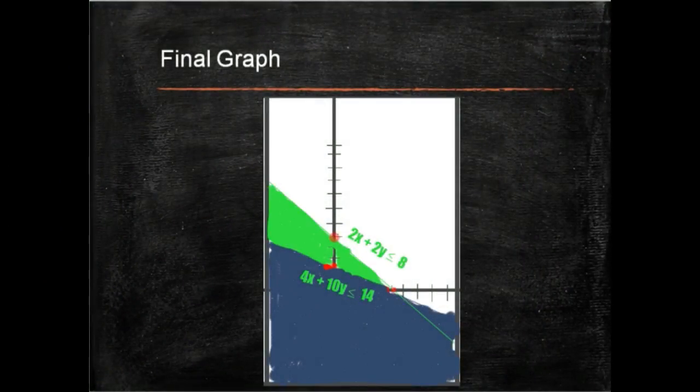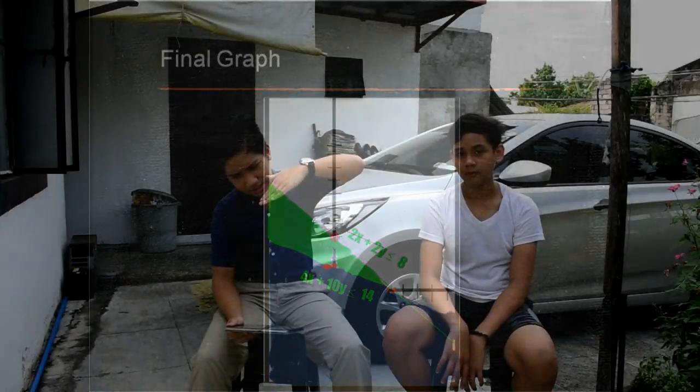Now teachers like him are going to require you to do the shading, of course, and to write on the line which inequality it represents. This line represents this inequality, and this line represents that inequality. Use different colors, as I did here.